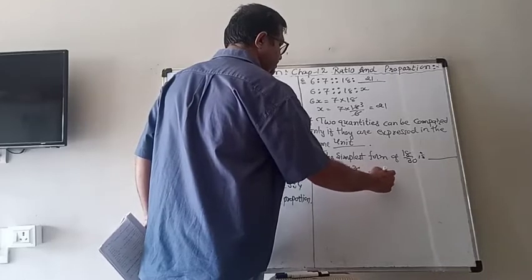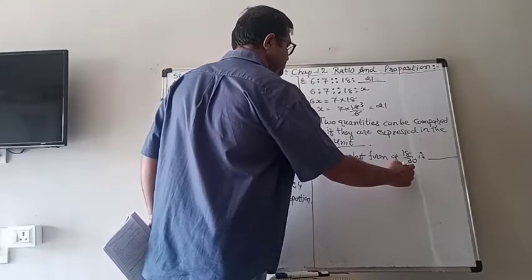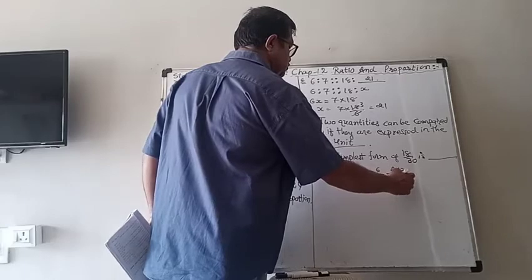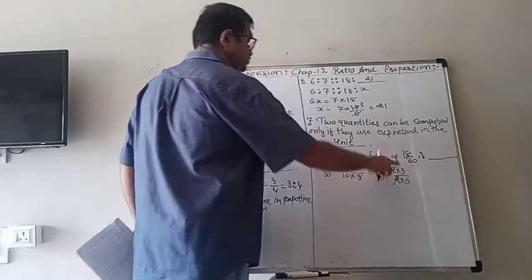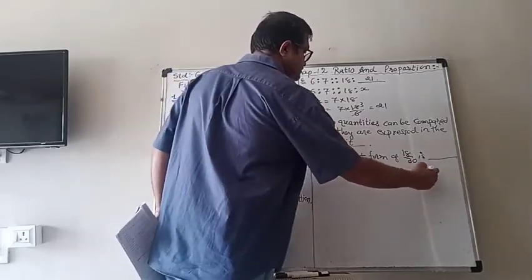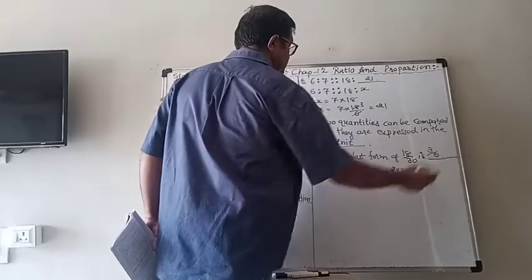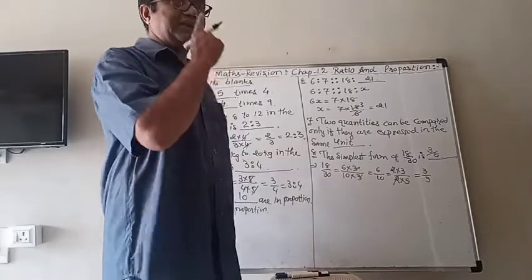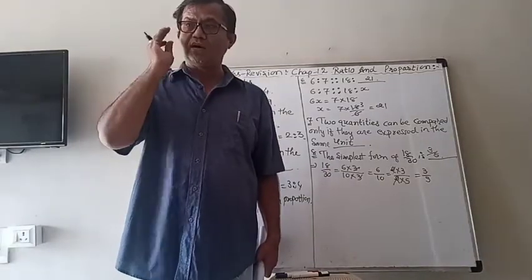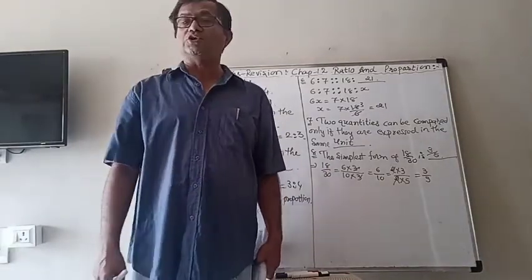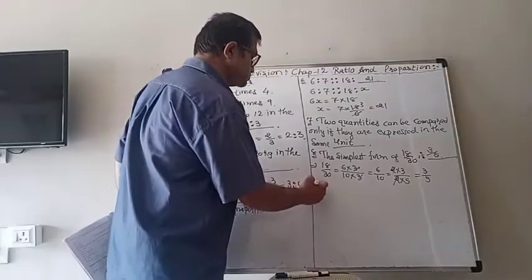But now 6 and 10 also have a common factor, so 2 3s are 6, 2 5s are 10. So the simplest form is 3/5. So there should not be any common factor of numerator and denominator.